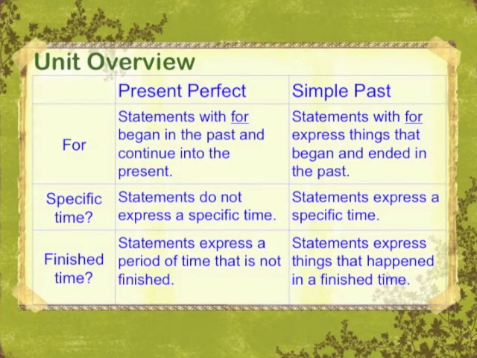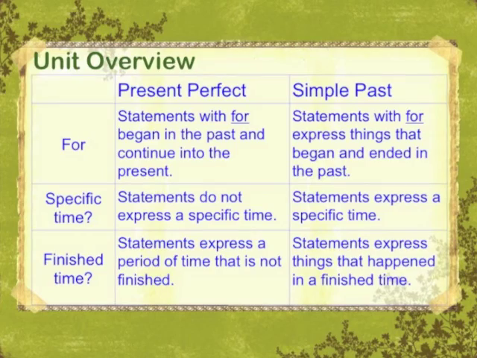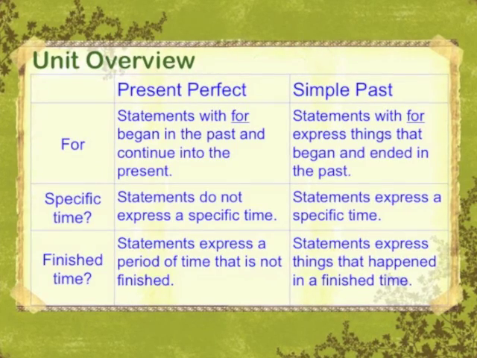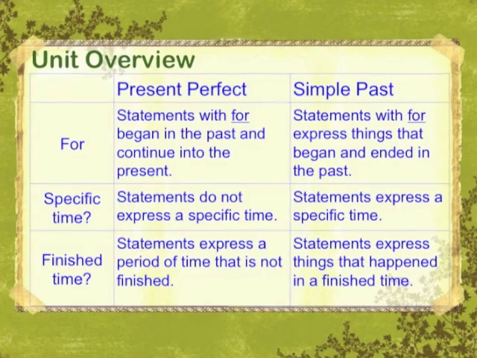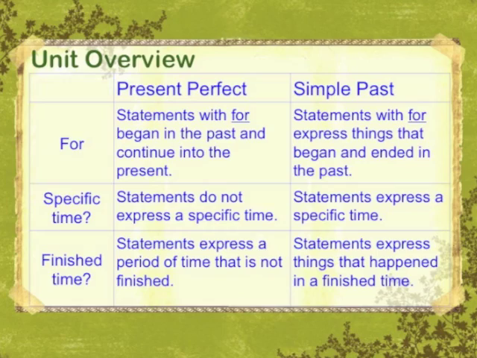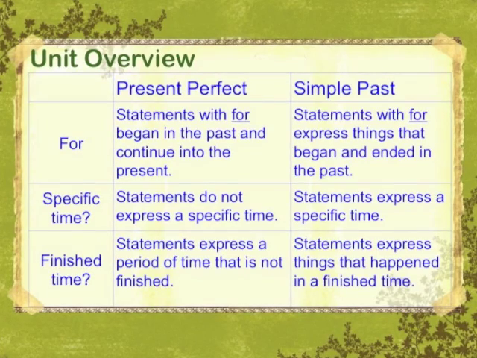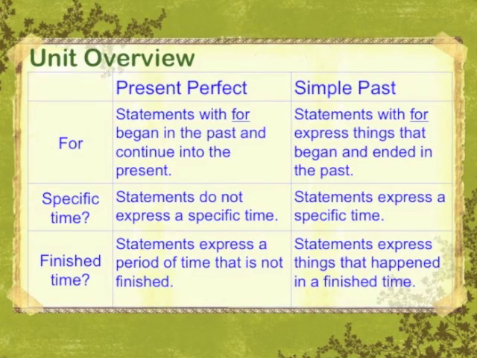Alright, so let's start with an overview of the entire unit. So I have three big categories where there are differences between the present perfect and the simple past. For statements that use the word for, these statements in the present perfect began in the past and continue into the future.